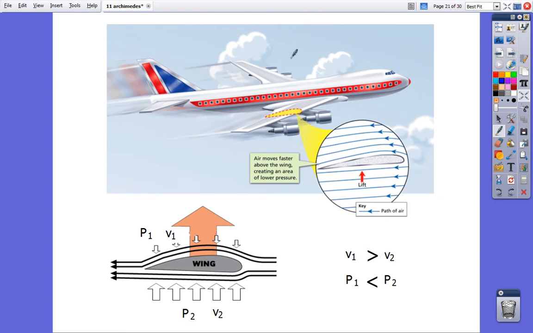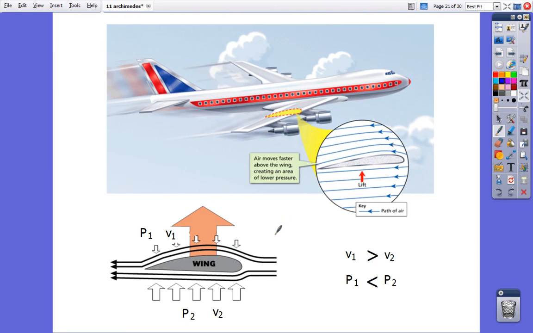Here is a picture of an aeroplane, and if we cut the wing, it will be shaped like this picture. So there will be some sort of bulge or flat at the bottom, but there will be a bulge at the top.